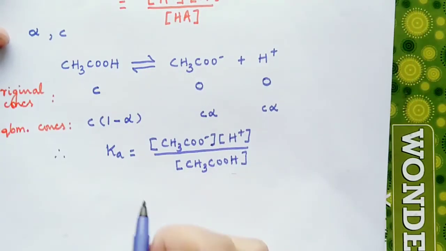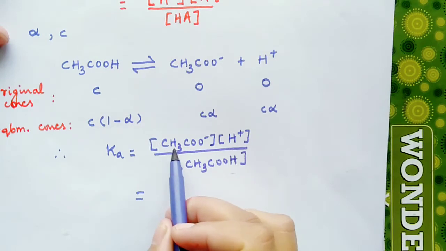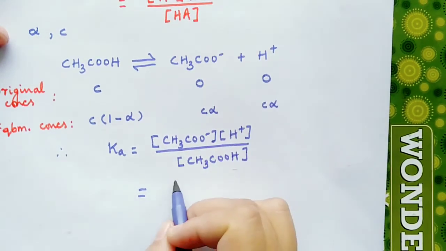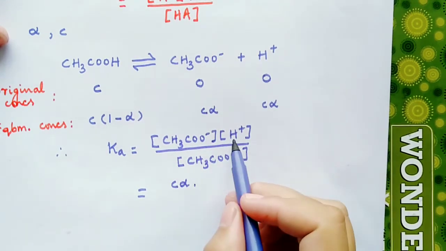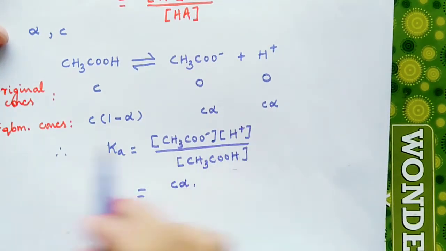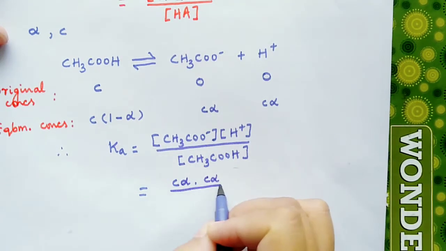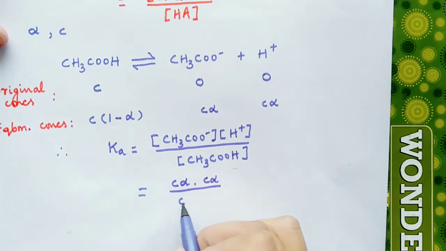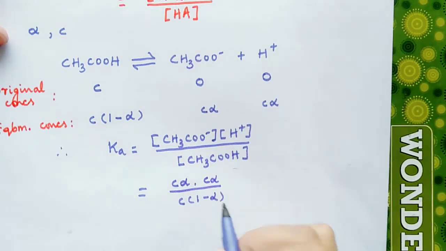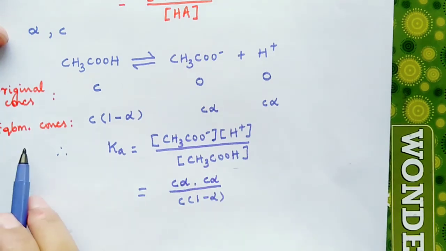What is the concentration of the ions? CH3COO- is C alpha, into the concentration of H+ at equilibrium, which is C alpha, divided by C(1 - alpha), the concentration of the acetic acid molecule at equilibrium.